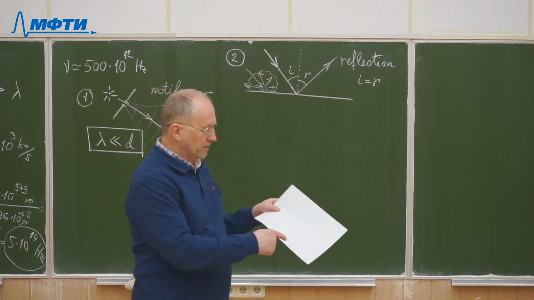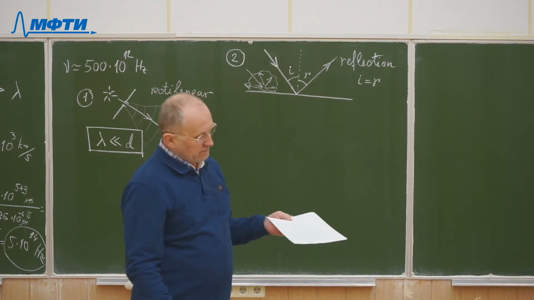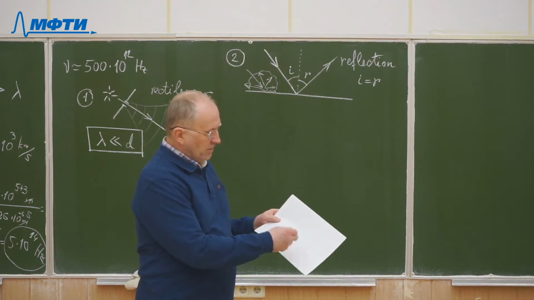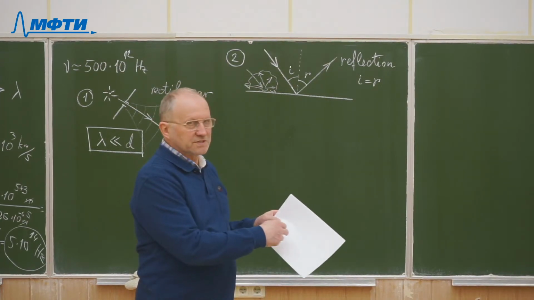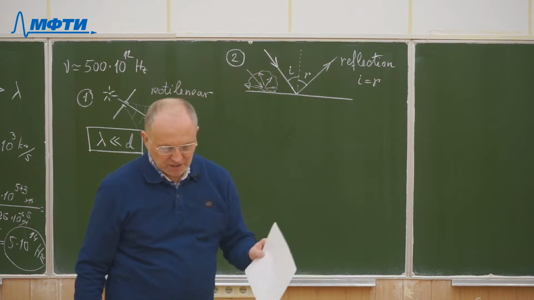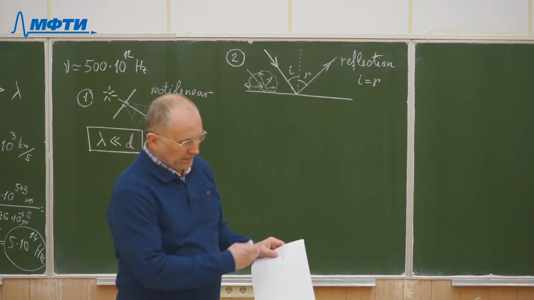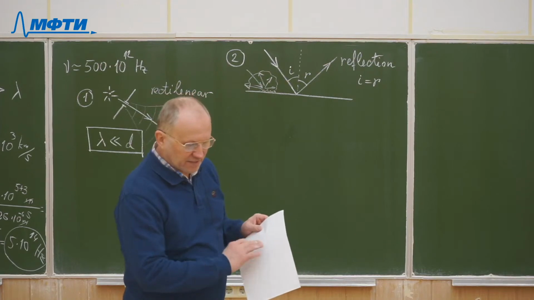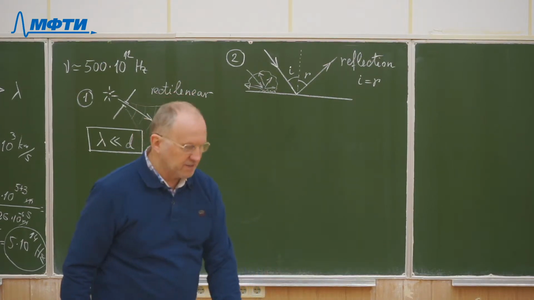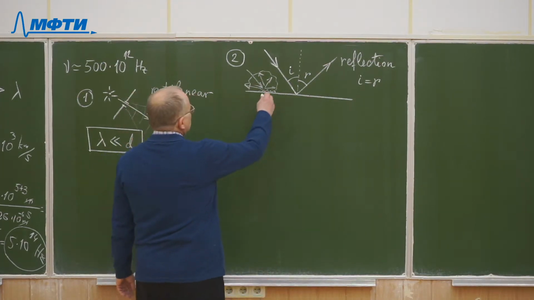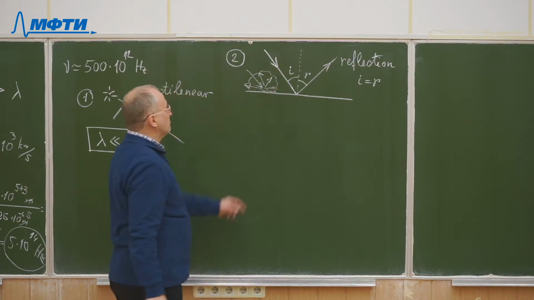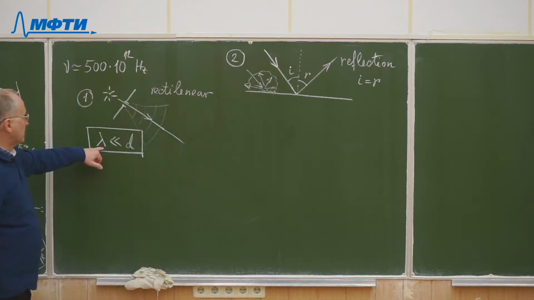At whatever angle you look at it, you always see the white sheet of paper because it scatters light in each point of it, in all the directions. Because it's not a very smooth surface, it has some roughness. And the dimension of this roughness is of the order of magnitude of the wavelength lambda of the incident light.